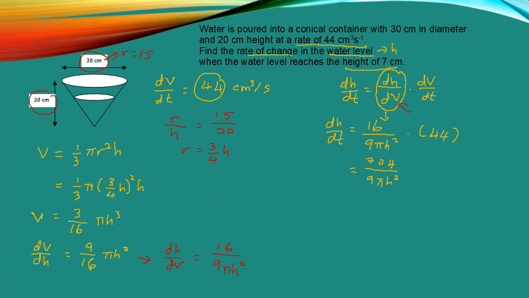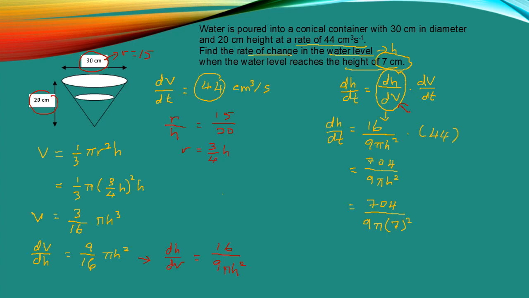Then we will substitute h. Just now the question gave information height is equal to 7 cm, so we will substitute h equal to 7, 704 over 9 pi times 7 square.